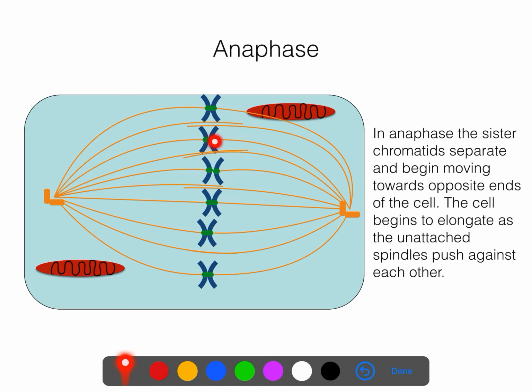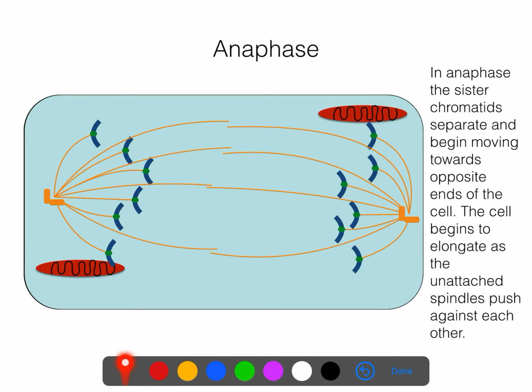At the same time, the spindle apparatus is going to reel them in, dragging them towards the polar opposite sides of the cell. The cell also lengthens during this phase as the two spindle apparati push against each other. So we pull the chromosomes to opposite sides. We've now doubled our number of chromosomes by splitting each one in half.